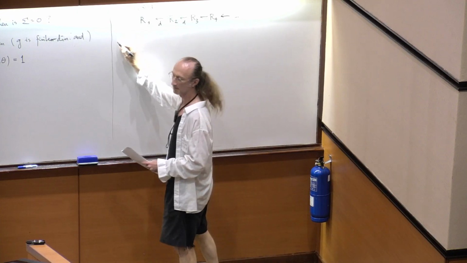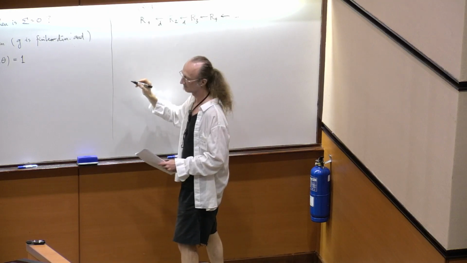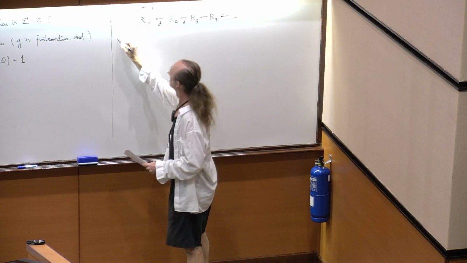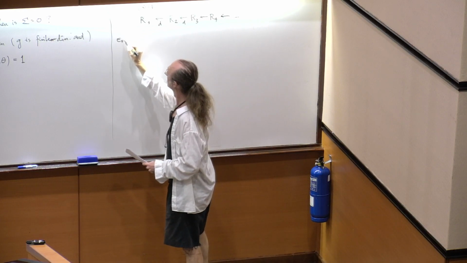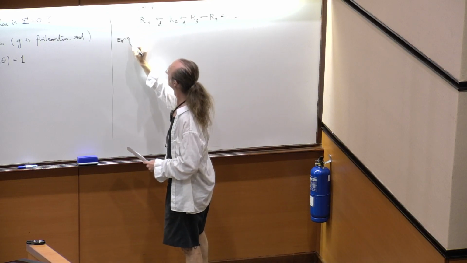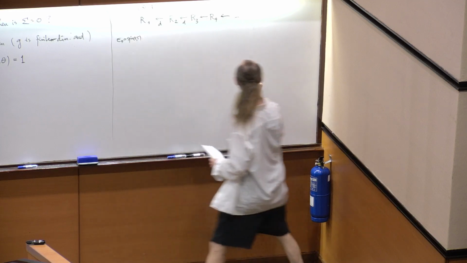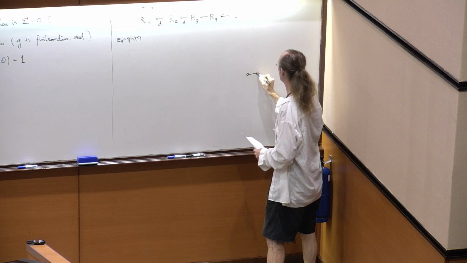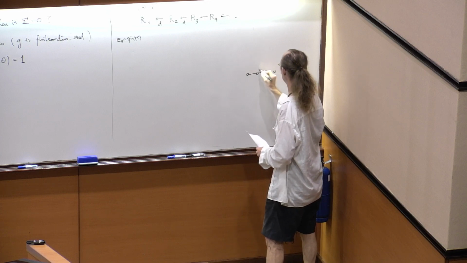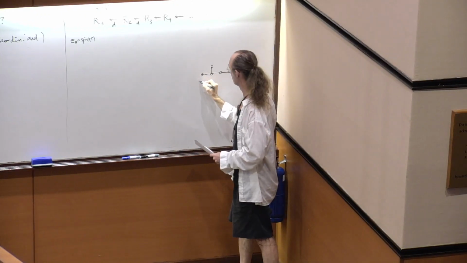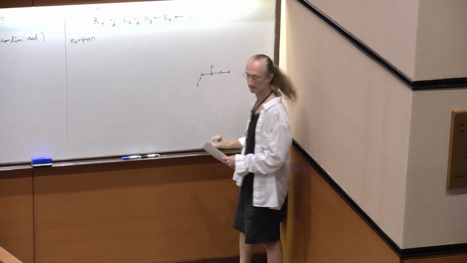Let me give you one example. E5 is spin 5-5. Here lambda sits here.